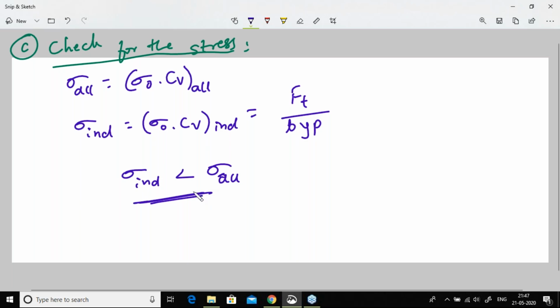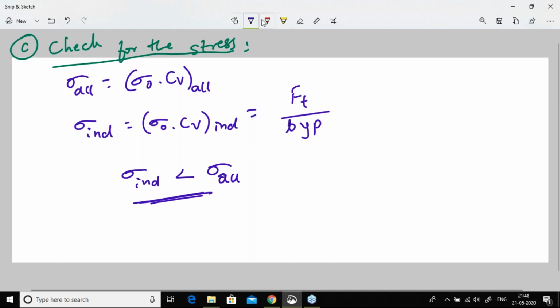If this is satisfied, whatever M we are using at this point, those are the final values of module and face width. So this is the second main step, that is design.